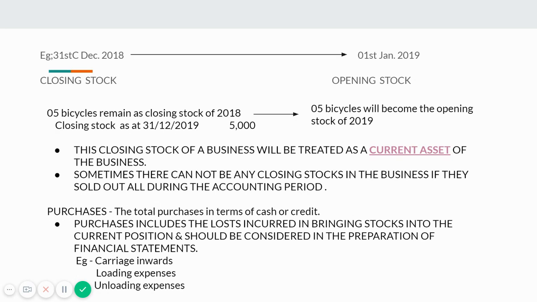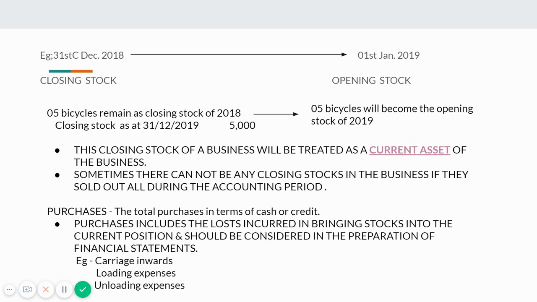Practically, let's say we are importing some vehicles for a motor car trading business, buying and selling motor cars. The main business will be buying and selling of motor cars. So when they import a stock of motor vehicles from Japan, first they have to bring them down to the port, and from there they have to bring them to their business premises.